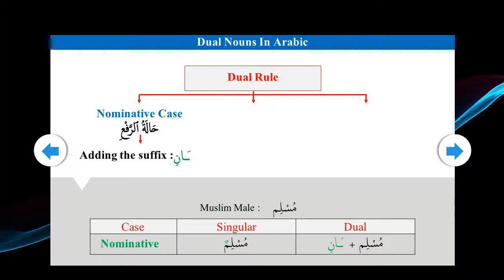That means we'll put fatha on the mim letter, and after that we append alif, and then noon with kasra. So we get muslimani, two Muslim males.